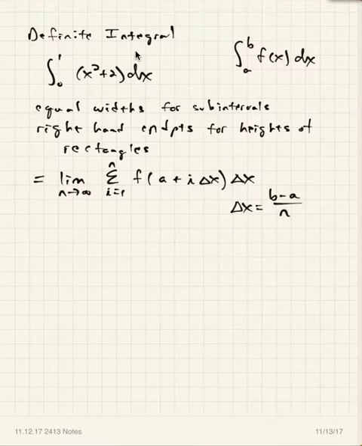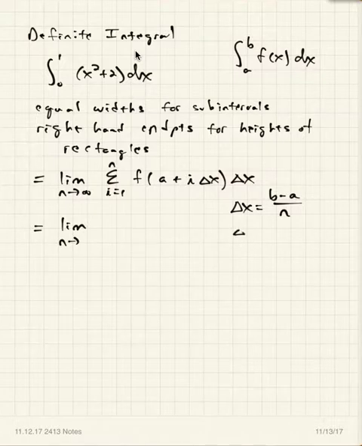All right, so in our particular problem, to actually evaluate the limit of this Riemann sum, remember that sum is referred to as a Riemann sum, we would write out a more specific version.